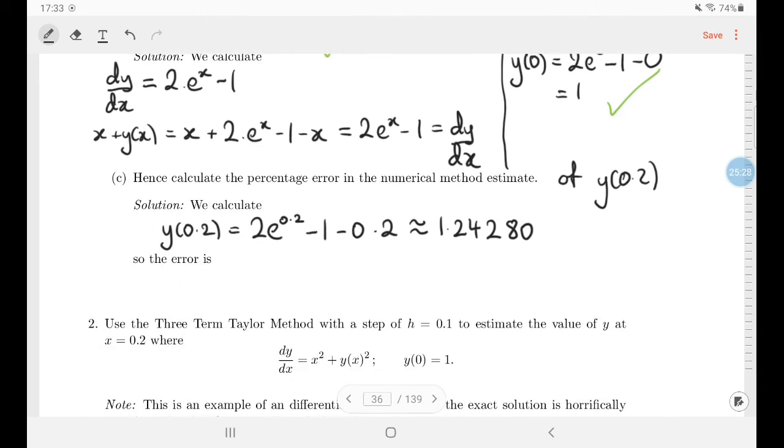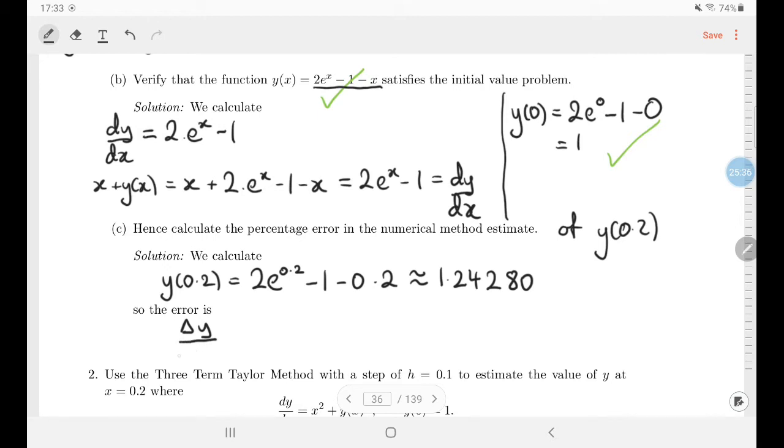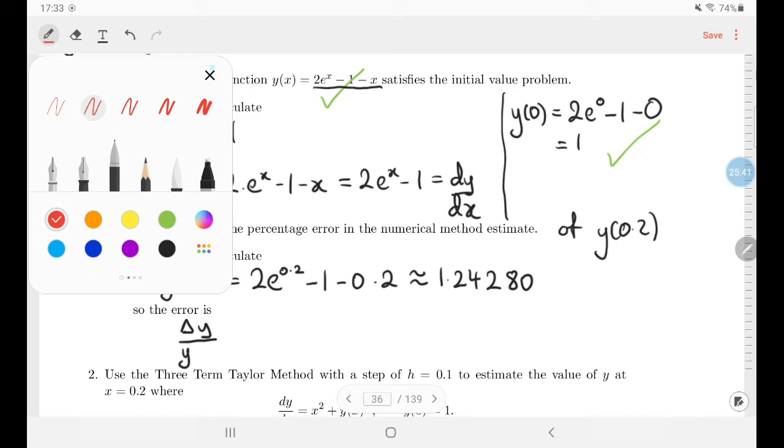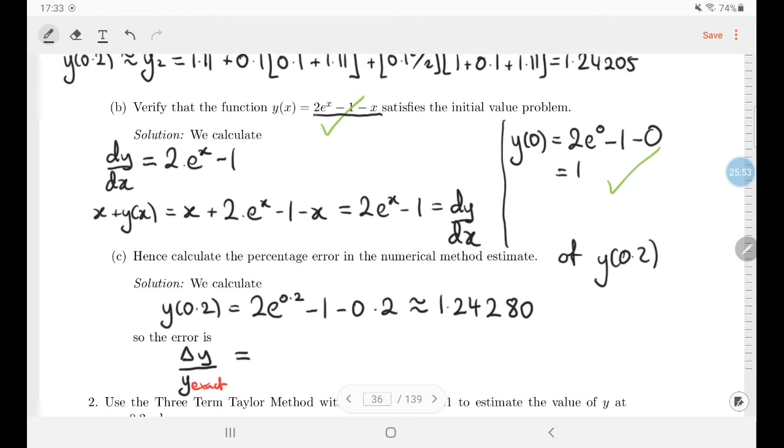So the error in the calculation is the difference between the exact and the approximation, divided by always the exact, not the approximation. The difference between these is in the 4th and 5th decimal places.